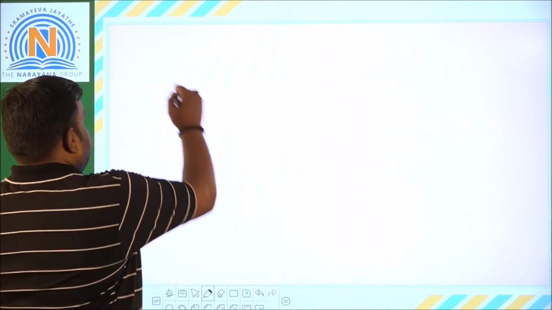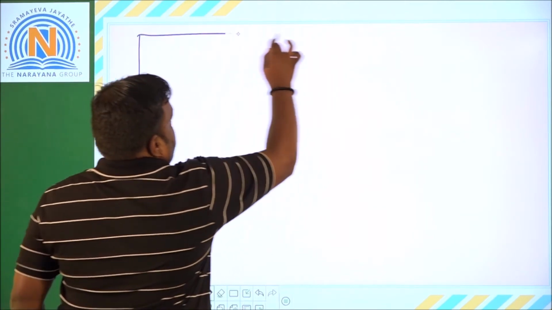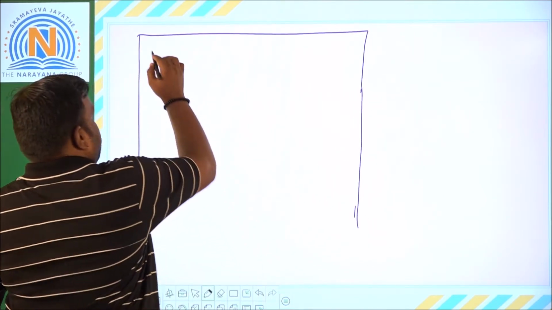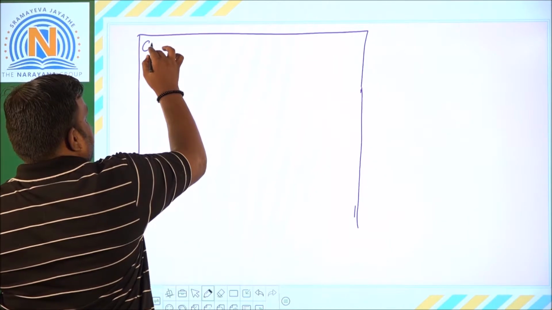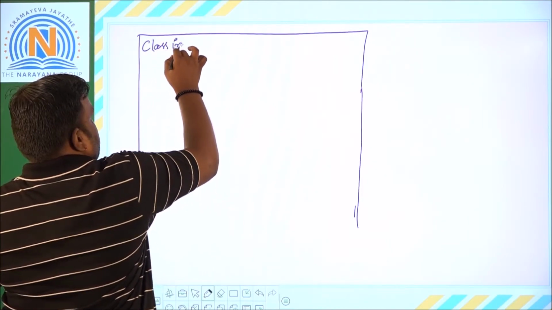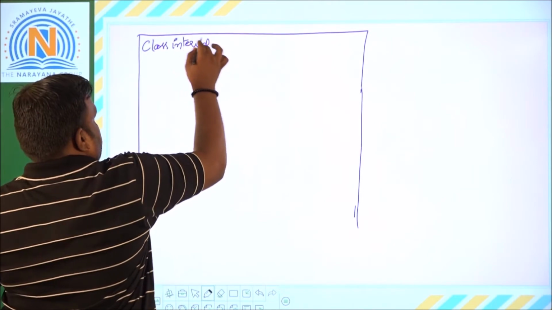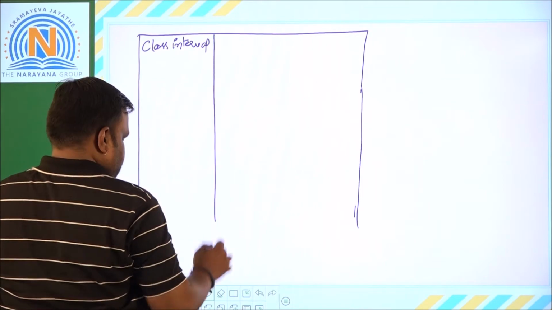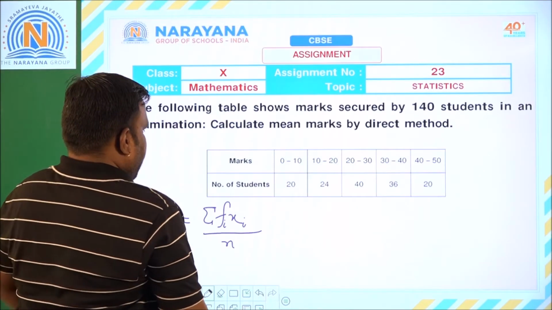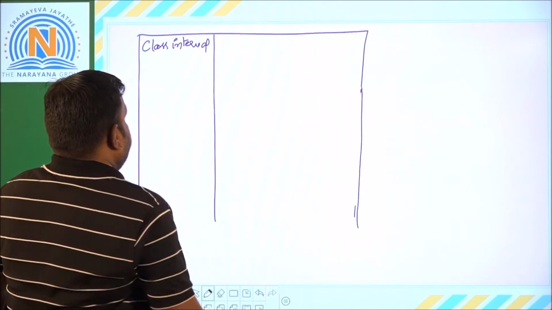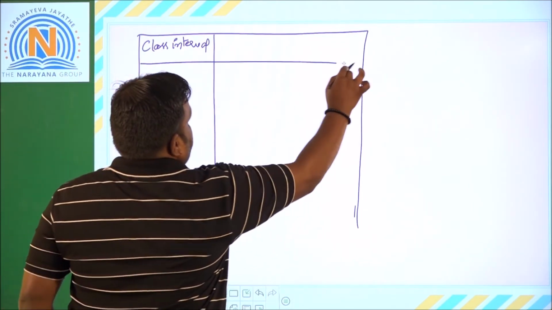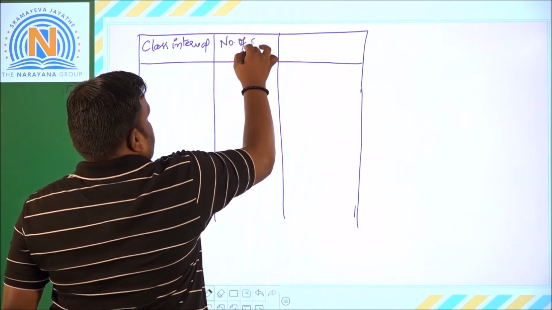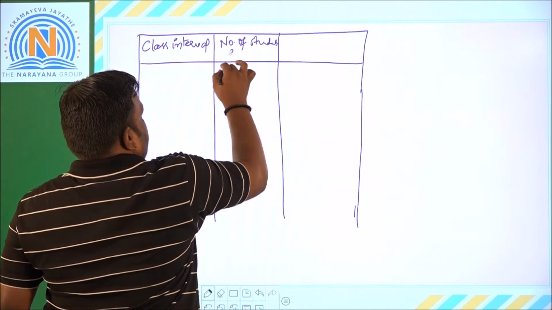First we will draw the columns for this one, the frequency distribution table. Once we draw the frequency distribution table, it will be clear for us. First comes the class interval, that is marks, and the next part is number of students, that is frequency, Fi.